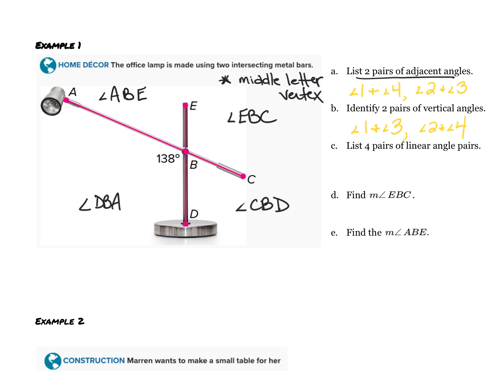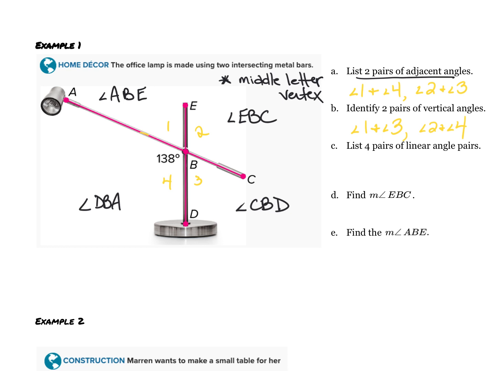Okay, so remember this was 1, 2, 3, and 4. Now the 4 pairs of angles that create a line are actually the same ones that form the adjacent angles.